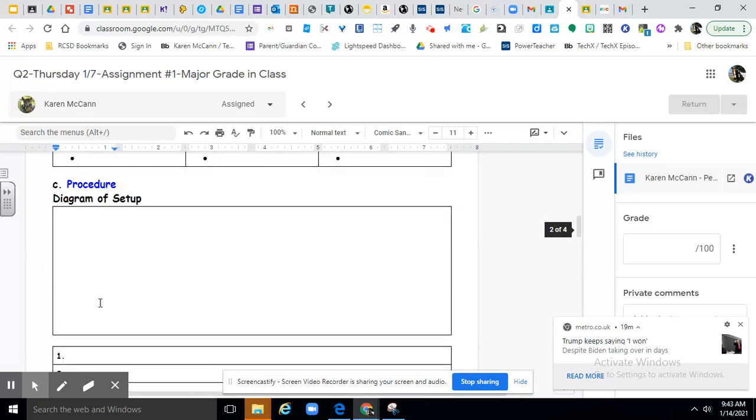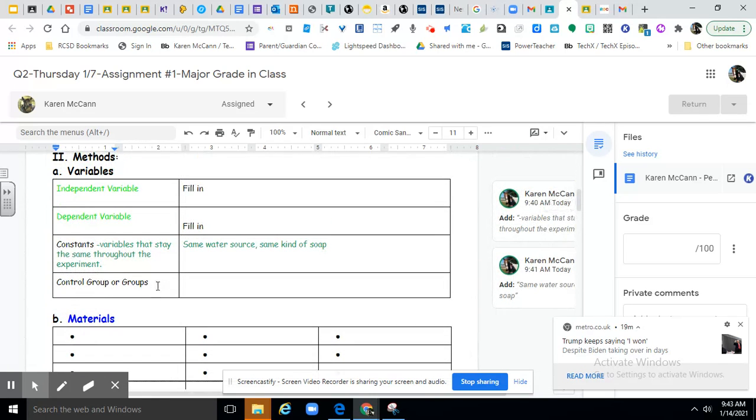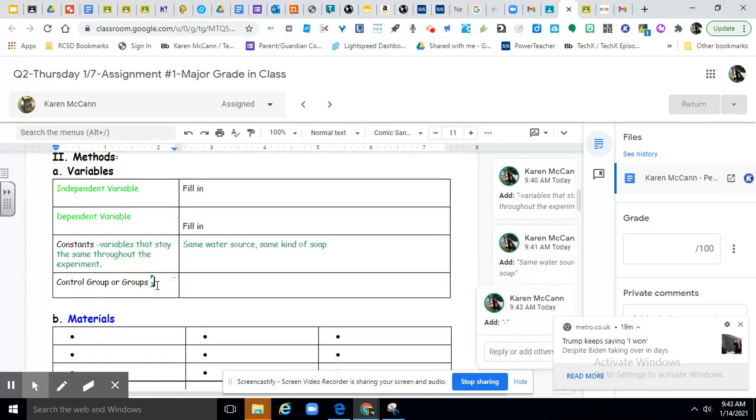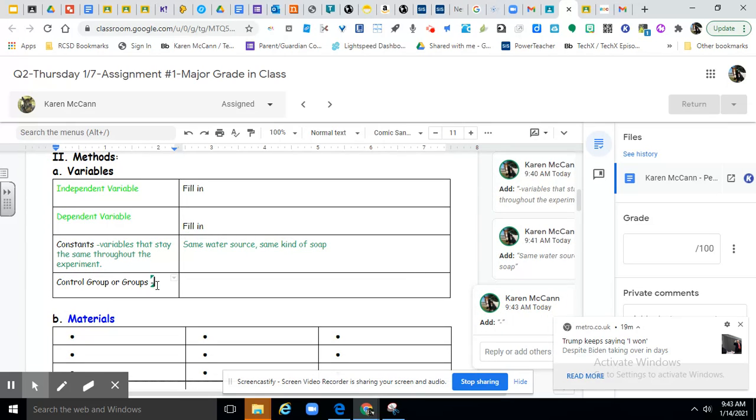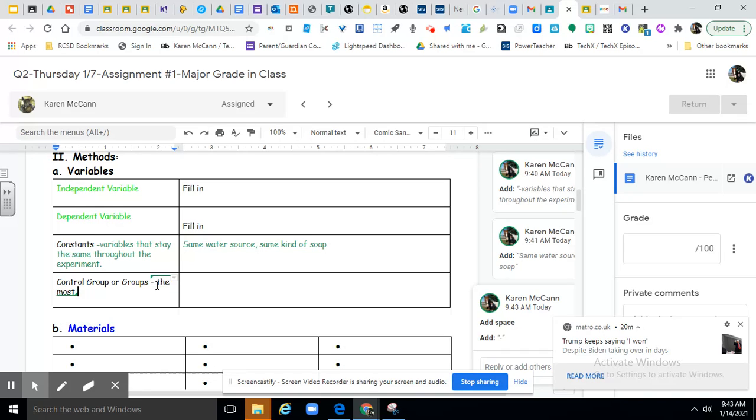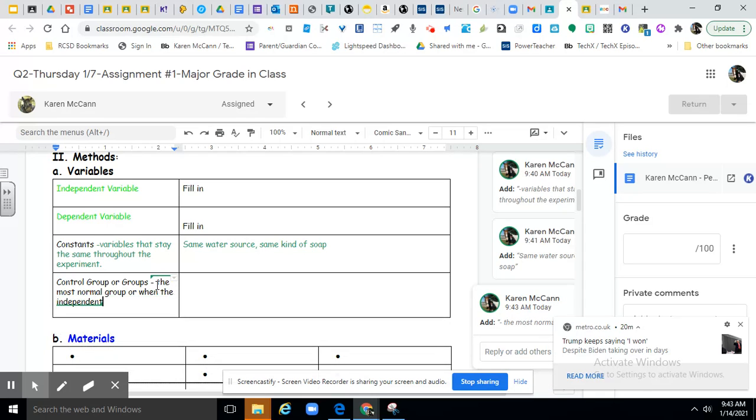Your control group is considered either the most normal group, or when the independent variable is at 0.